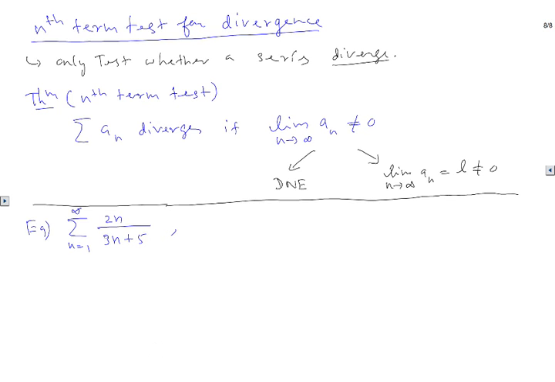If you look at this problem, you can see that an is equal to 2n over 3n plus 5. So we take the limit as n goes to infinity of an, which is the limit of 2n over 3n plus 5.